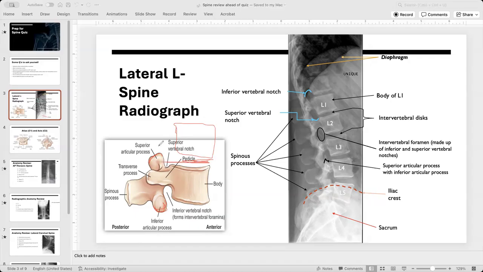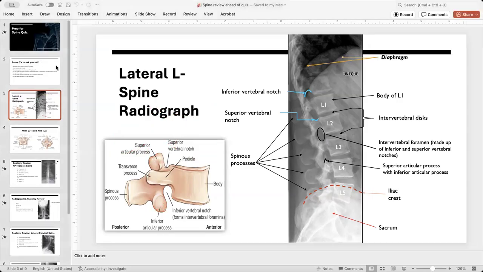Anyway, this one's going to have an inferior articular process that's going to meet up with the superior articular process of this one. They're going to meet up there, form their own joint before you have a spinous process. It has a superior articular process, and then so on. Then I would draw another one. It has an inferior, and so on. Not the greatest pictures, but hopefully you get the idea there.